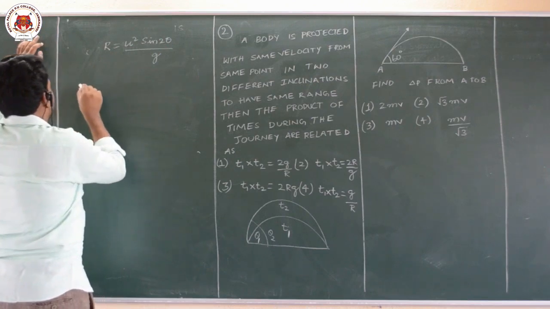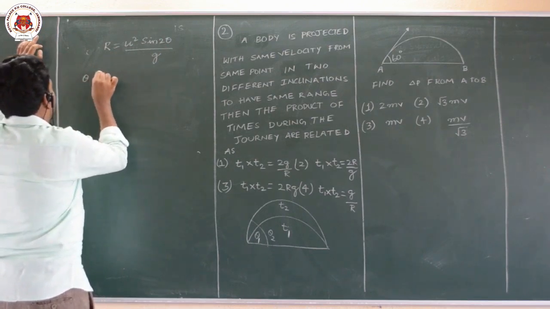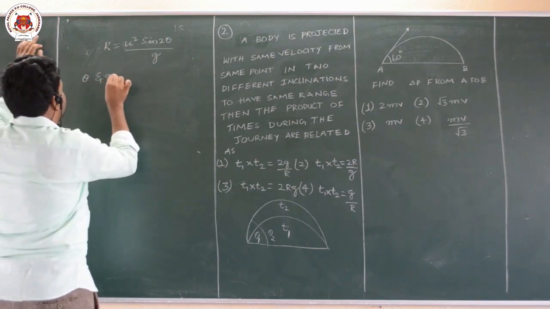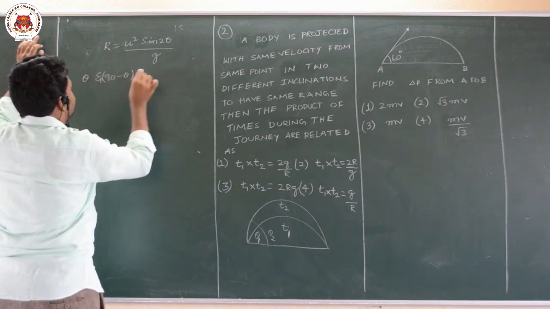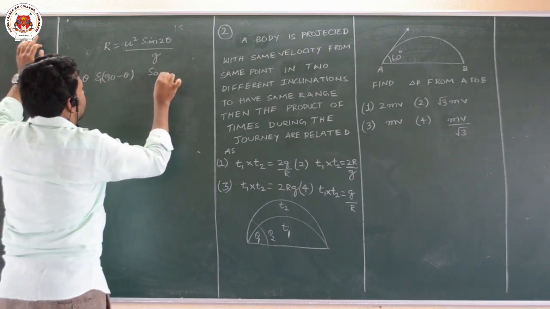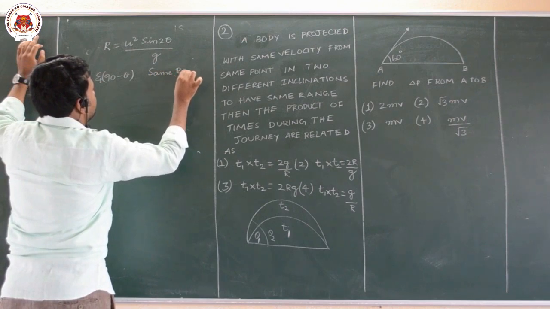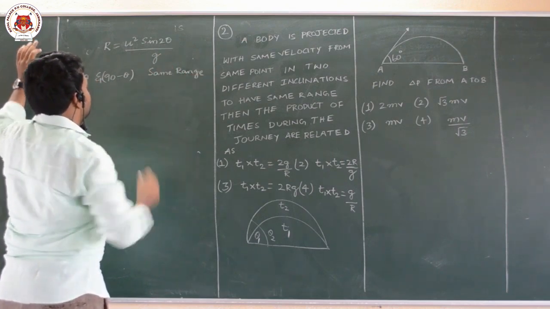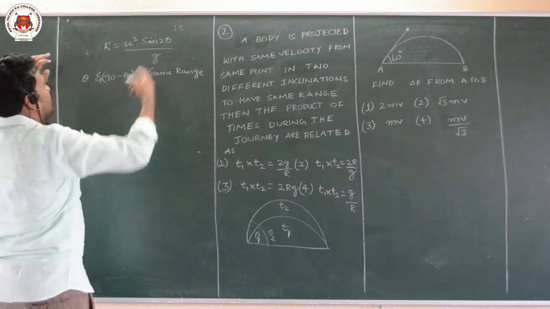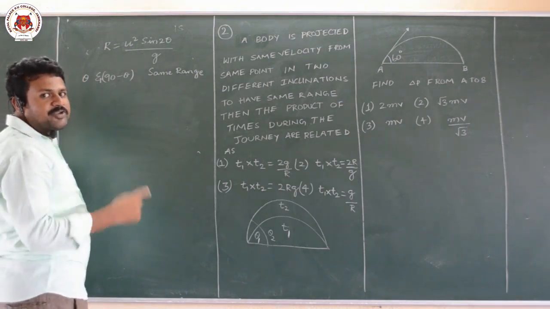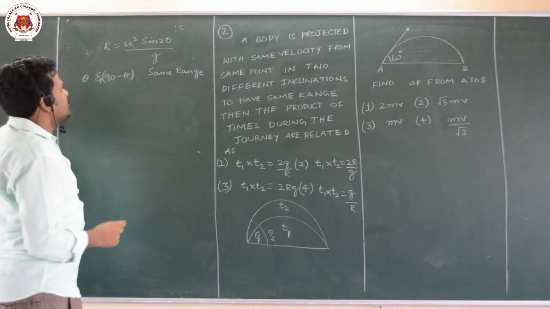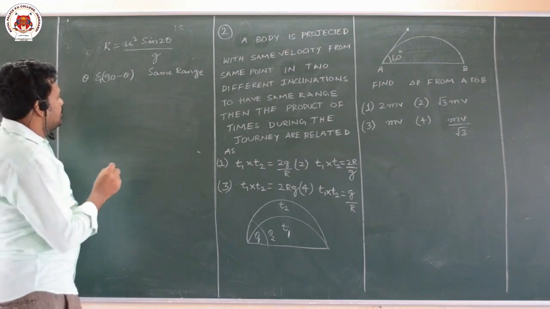Range will be the same for theta and 90 minus theta. If you want, you can verify that. Put the value of theta and 90 minus theta, you will get the same formula. That is, it is having the same range.